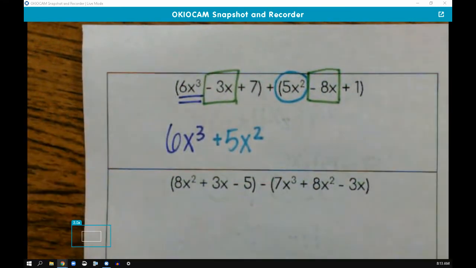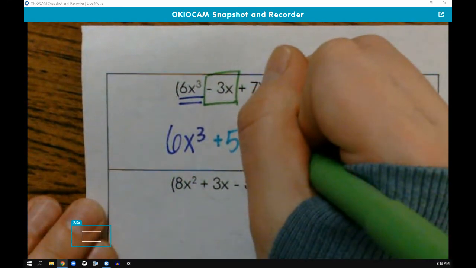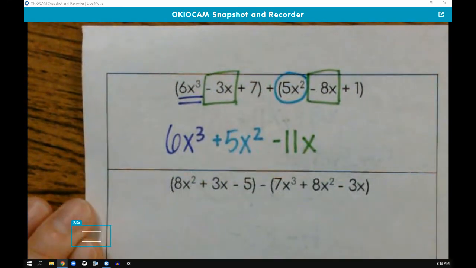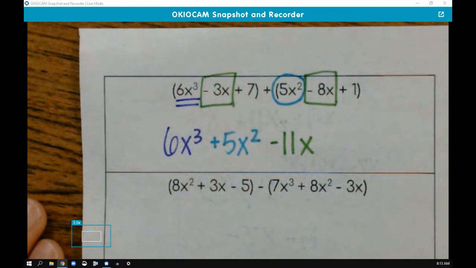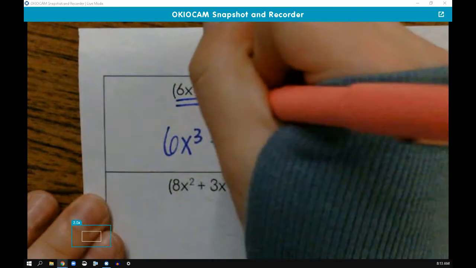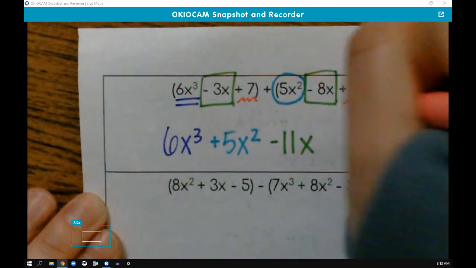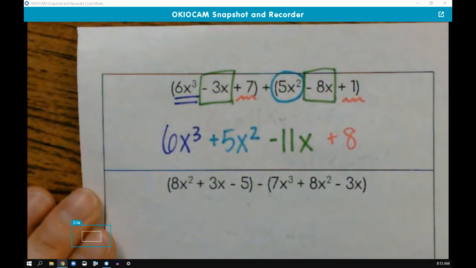Those can combine together because they're both x's, or x to the first. So negative 3 plus negative 8 is negative 11. And then to finish this out, we've got 7 and 1. Those can get combined together. So 7 plus 1 is 8.